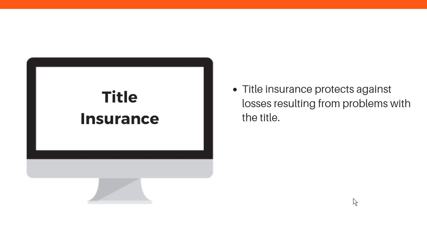All right, title insurance. This is what protects you against losses that result from problems with the title. So a title company or a closing escrow agency, whatever you want to call it, they're the ones that go run the title search and find out the chain of title and make sure there's no defects in the title.